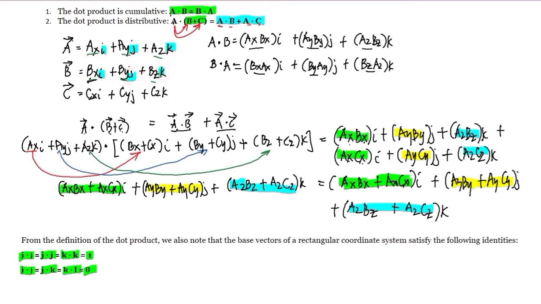So, meaning dito, itong mga i, itong j, at itong k na to, ay idadrop na natin kapag magkakaroon tayo ng dot product because these i, j, and k are just equal to 1 according dito sa ating definition of the product. So, simplifying this, we will just have the AxBx plus AyBy plus AzBz.